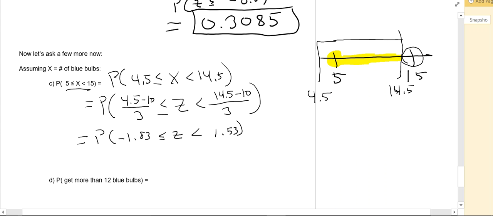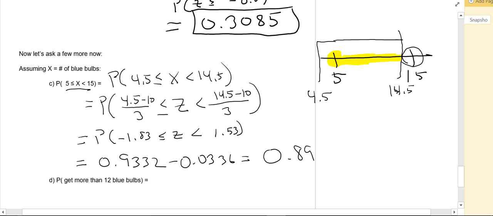This is the second scenario. The larger percentage minus the smaller percentage, right? When you do your math, 0.8996, which is about 90%, right?